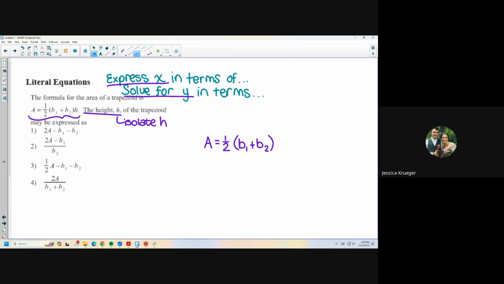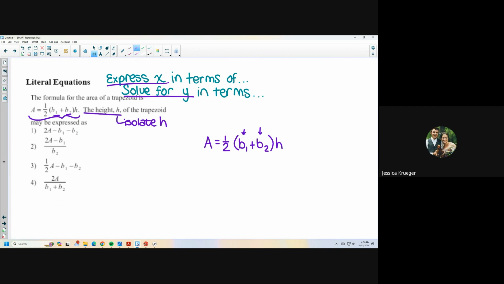Those subscripts are just numbers that differentiate b1 from b2. It's not an exponent. It's not a number that you need to get rid of when you're solving, okay? Those are just telling you that this base b1 is different from this base b2. And we say b sub 1 and b sub 2.